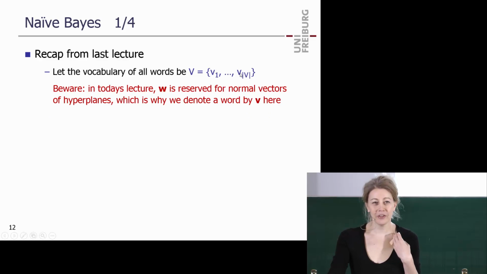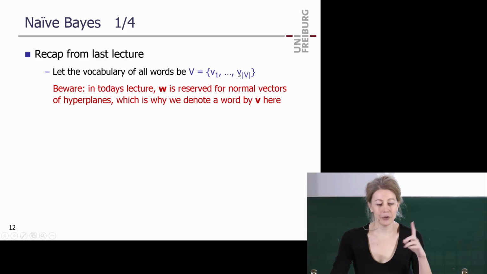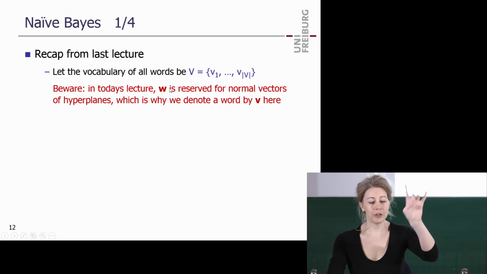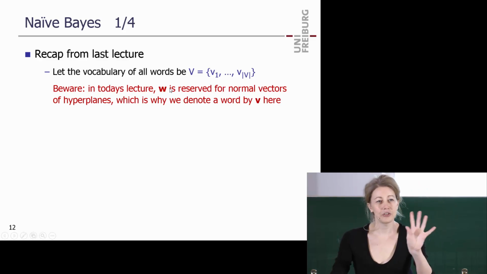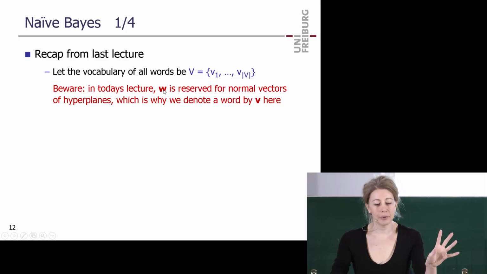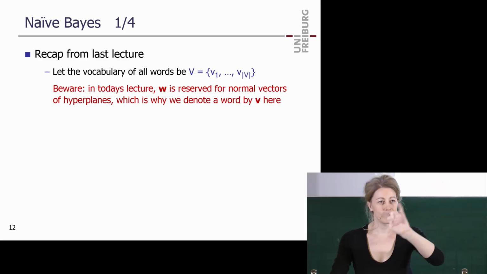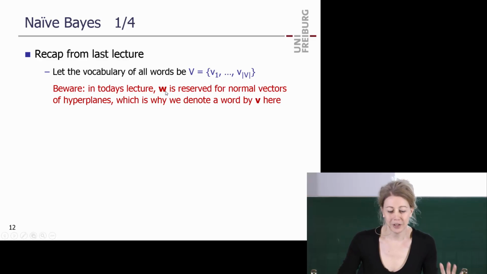This is very important because now W is the normal vector for hyperplanes. I could just have chosen different names for these vectors, but you read any literature, papers, textbooks, Wikipedia, this normal vector in the context of classification or learning will always be called W. So I also call it W here. So I can't use W for the words. So I will just use V for the words here.